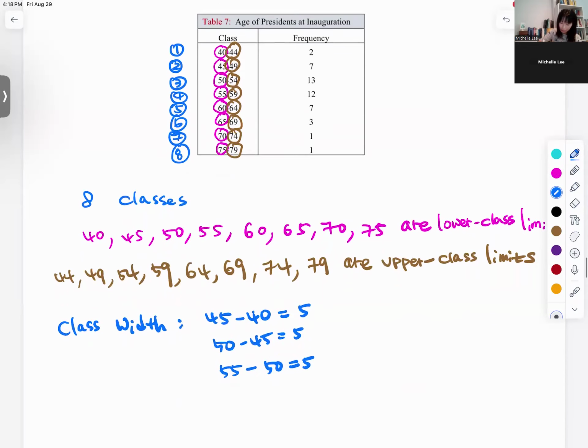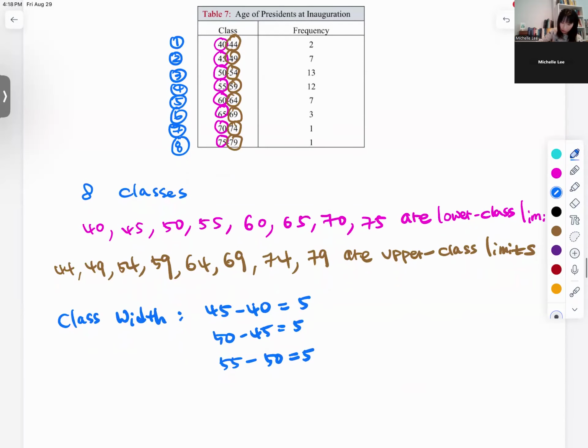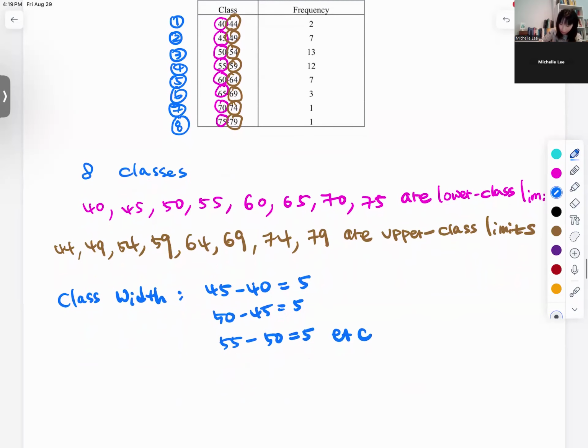How about the upper class limits? 49 minus 44 is also 5. And 54 minus 49 is also 5.